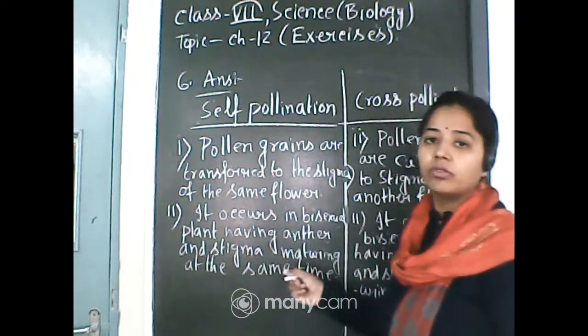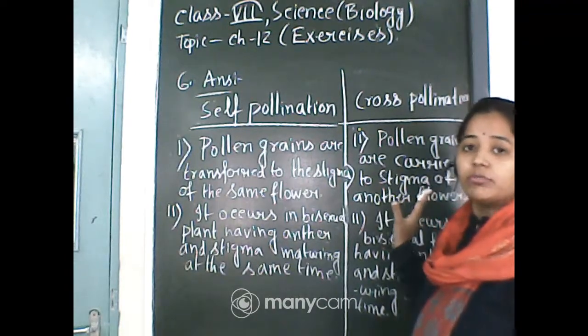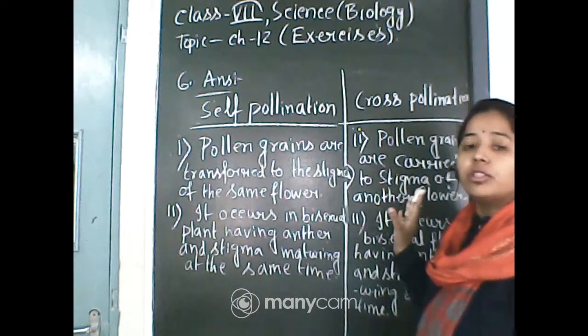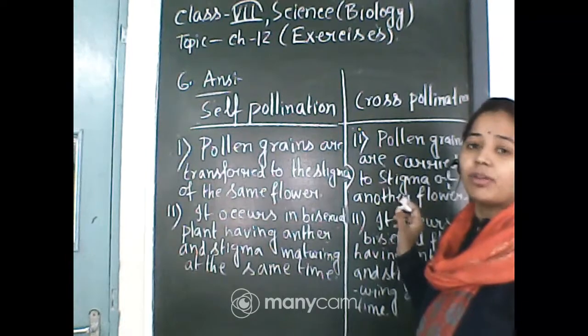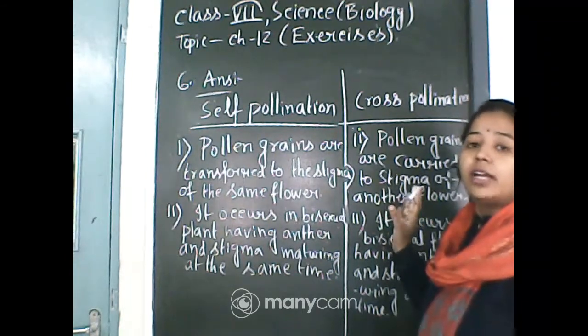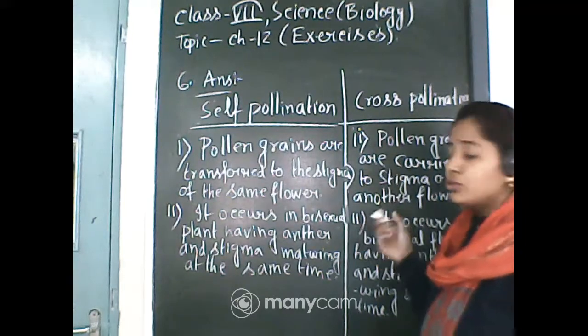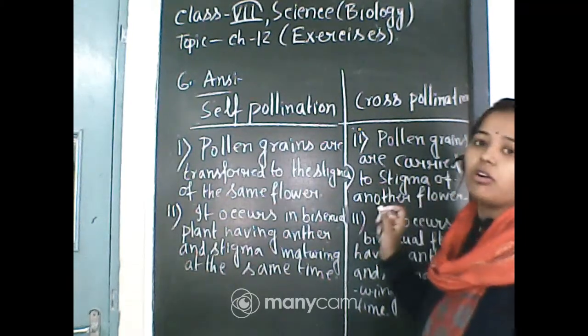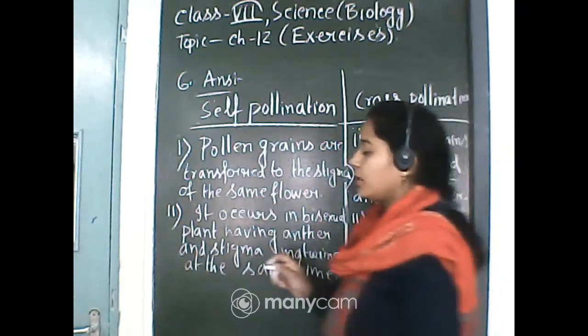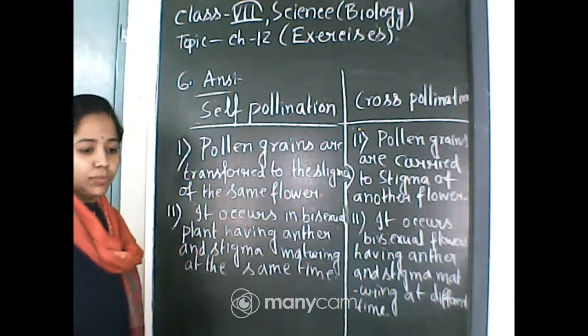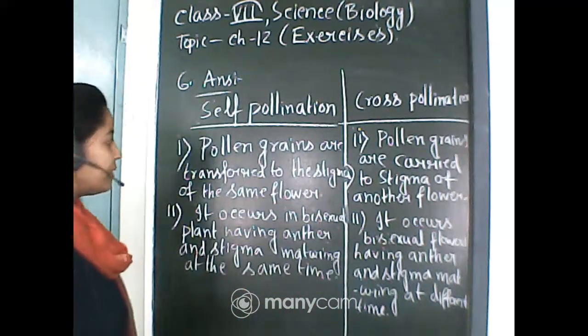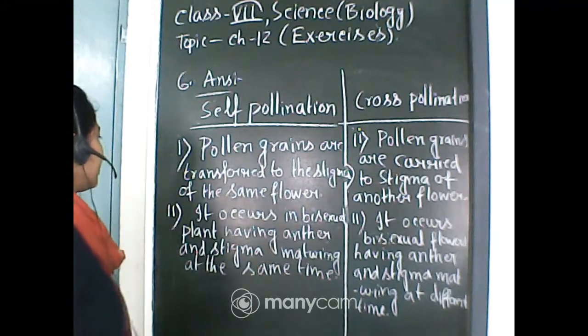Cross pollination also takes place in bisexual plants, but their anther and stigma mature at different times, so that cross pollination occurs. Now I will rub out the first point and write another point.